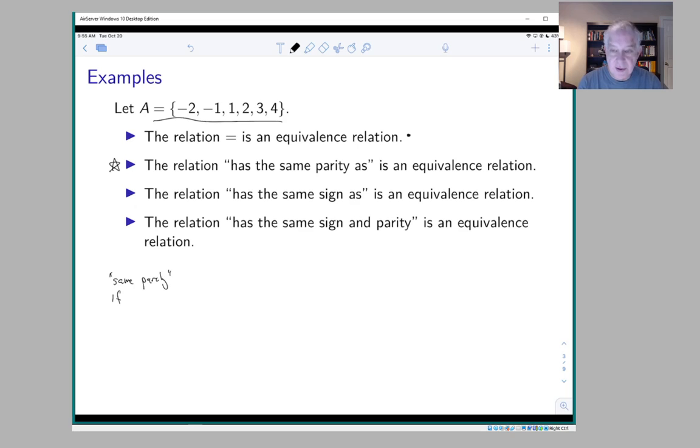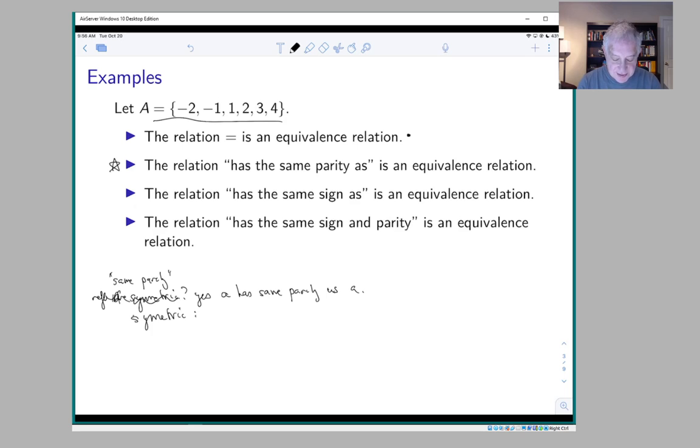Is it reflexive? Yes, because everything has the same parity as itself. Sorry, I always get those mixed up.